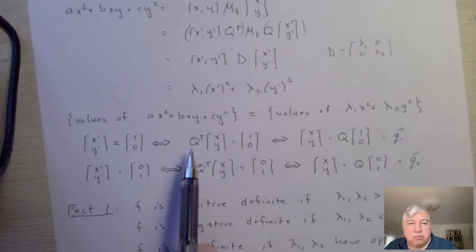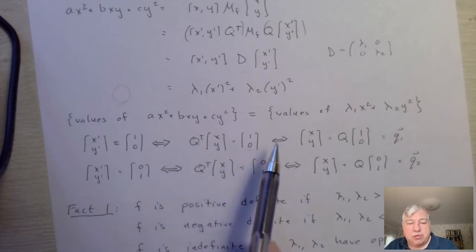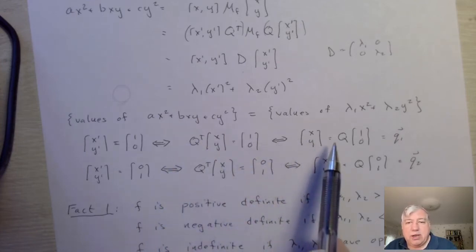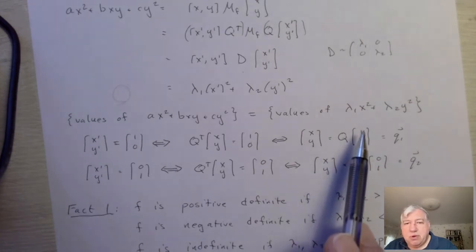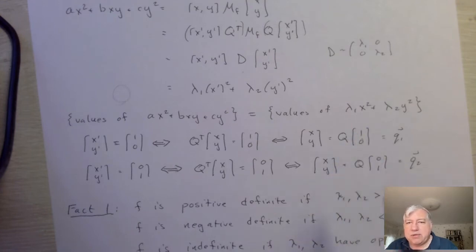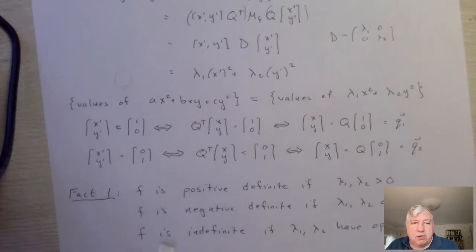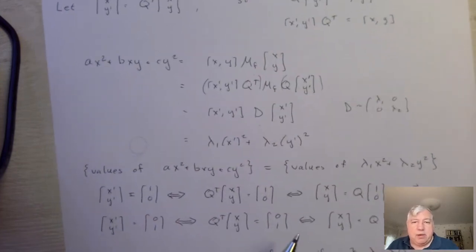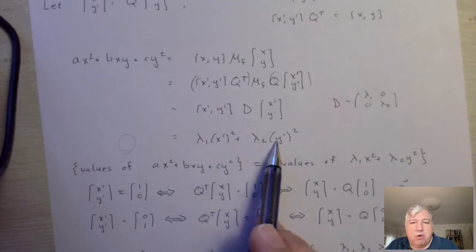And then we can multiply by the inverse of Q transpose, which is just Q, and so we get (x, y) equals Q times (1, 0). When you have a 1, 0 here, that plays the role of e1, the standard basis vector, and that's the first column of Q, which is q1. And then similarly, we'll get a maximum when x prime is 0 and y prime is 1.